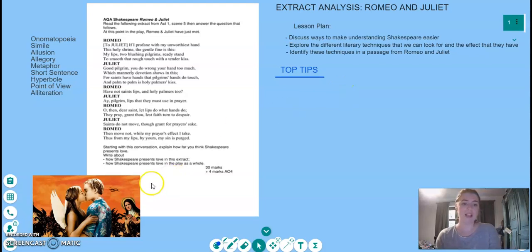As we can see down here, we have a screenshot from the Leonardo DiCaprio Romeo and Juliet film. Although this is a modern reinterpretation of Romeo and Juliet, it can still be really helpful in you understanding it because it still uses all of the language from the original play.